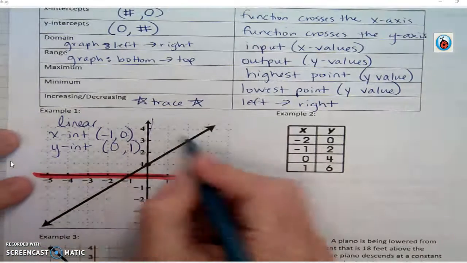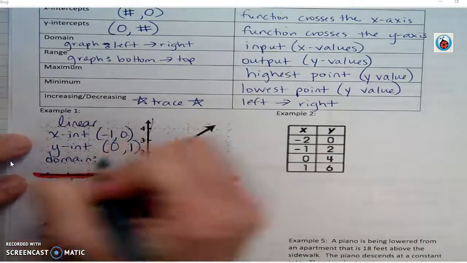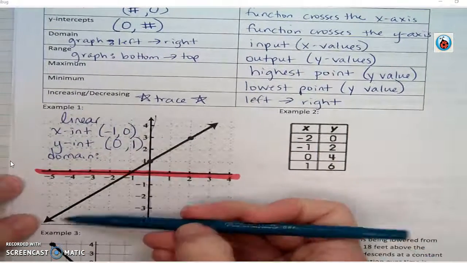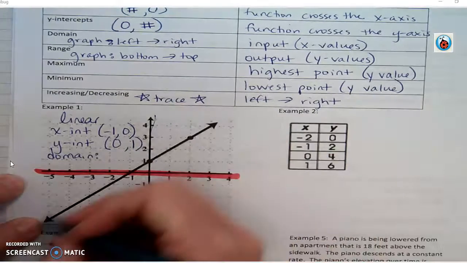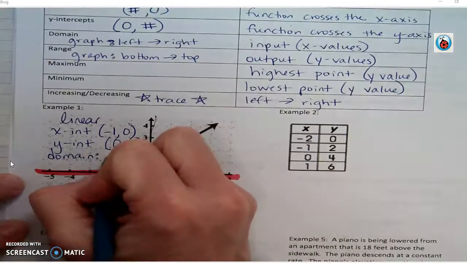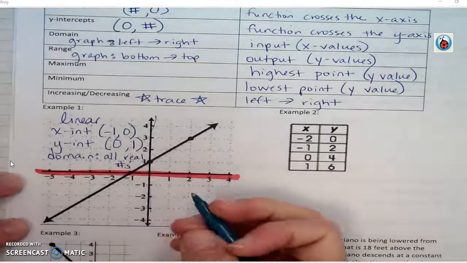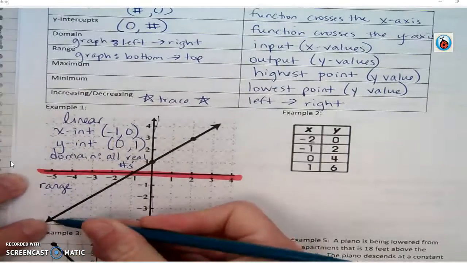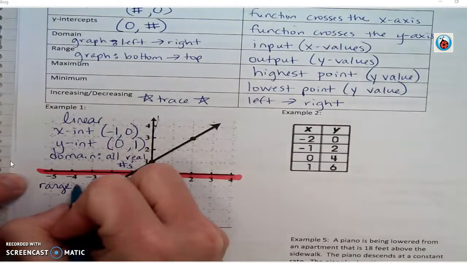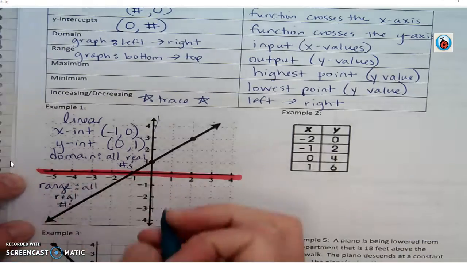The domain of this function, you look at the x values. Well, this function has an arrow on the left and an arrow on the right, so it goes forever. Its domain is all real numbers. Same thing for the range. If you look at the bottom and the top, there's an arrow on each end, so that's also going to be all real numbers.